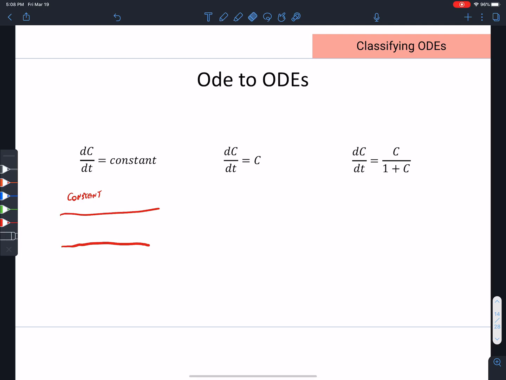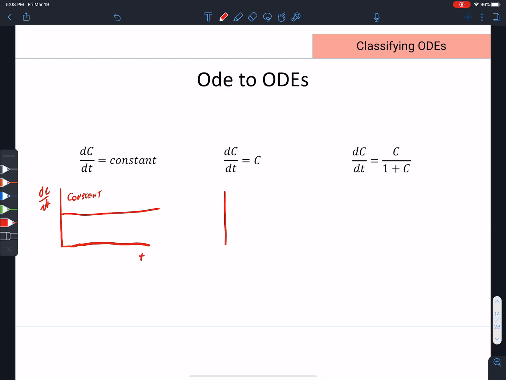For that, we'll also need the initial value, right? It could be here, it could be here, it could be here. For that, we'll need the initial value. But this is all this equation is saying, right? It's saying that the change, and better label my axis here, t in dc dt, this is what we're plotting.